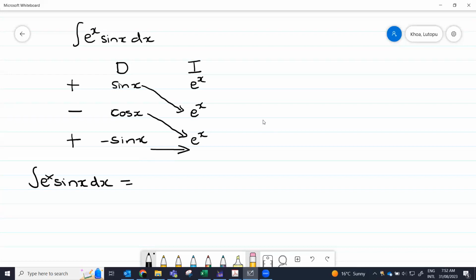This is equal to positive e to the power of x times sine x, and then minus e to the power of x times cos x, and then plus the integral of negative, because of this negative here, e to the power of x sine x dx.